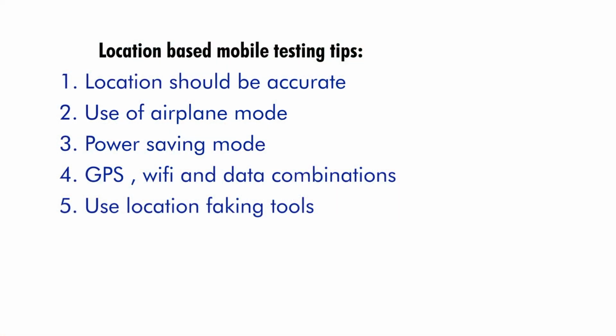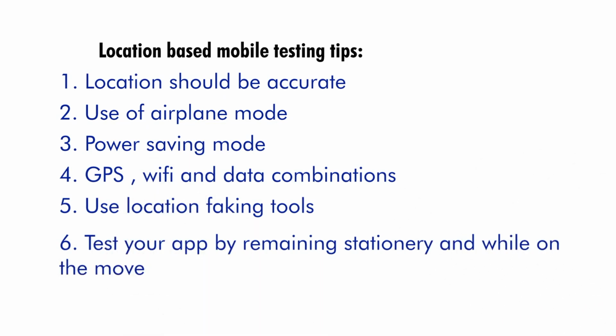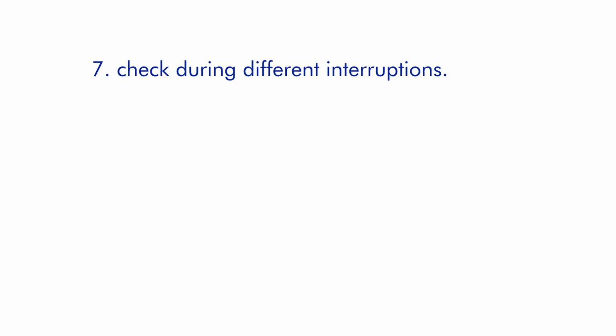Fake GPS Location and Lockito are some location faking apps for Android. Test your app while remaining stationary and while on the move. Verify the app is able to track your location properly or not. Check whether your app is able to handle interruptions like calls, SMS, notifications, signal drop, connection outage, etc.